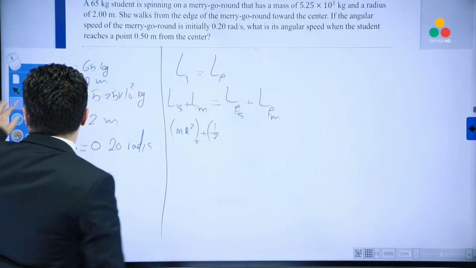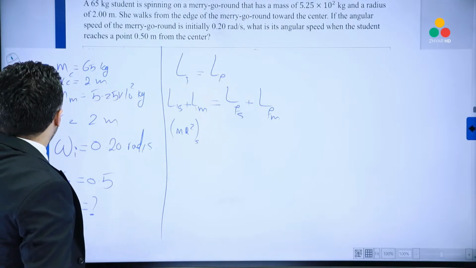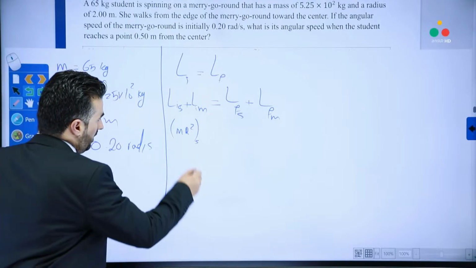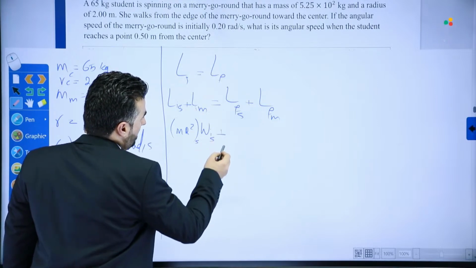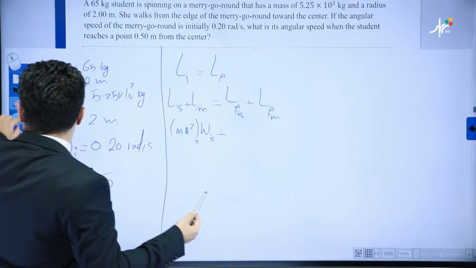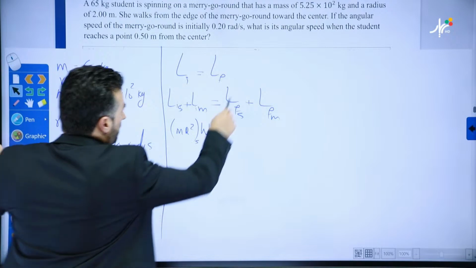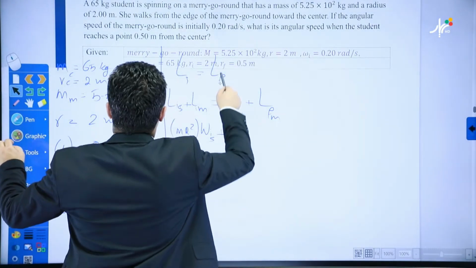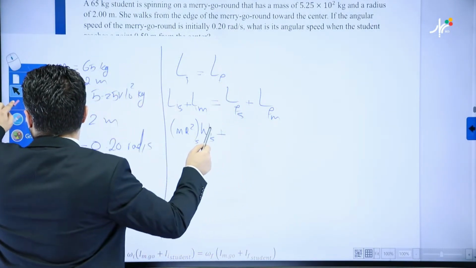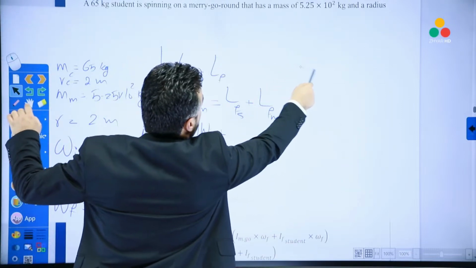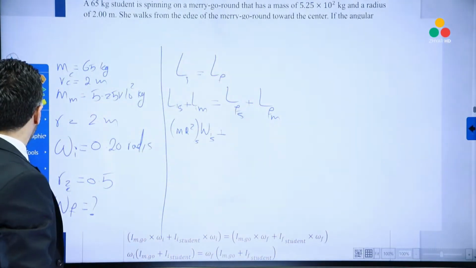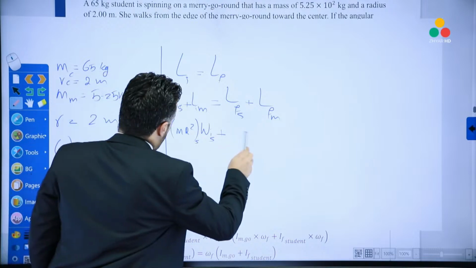I forgot the angular speed as well, let me write it. So multiplied by the angular speed of the student, plus, let's move this a little bit. Okay, anyway, we'll just continue this way.